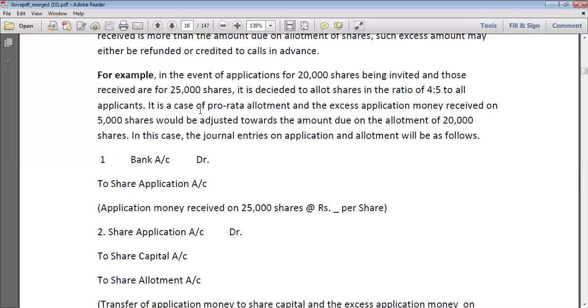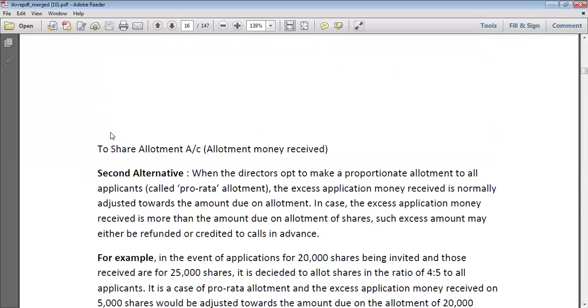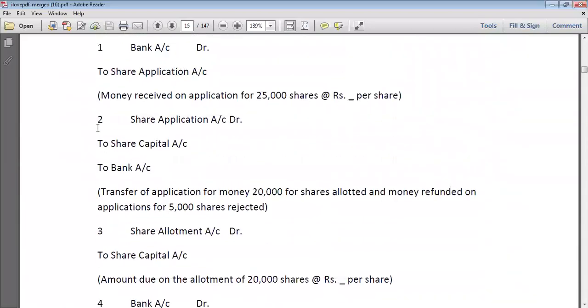Hence, it is the case of pro rata allotment, and excess application money received on 5,000 shares would be adjusted towards the amount due on the allotment of 20,000 shares. In this case, the general entry on application and allotment will be passed.